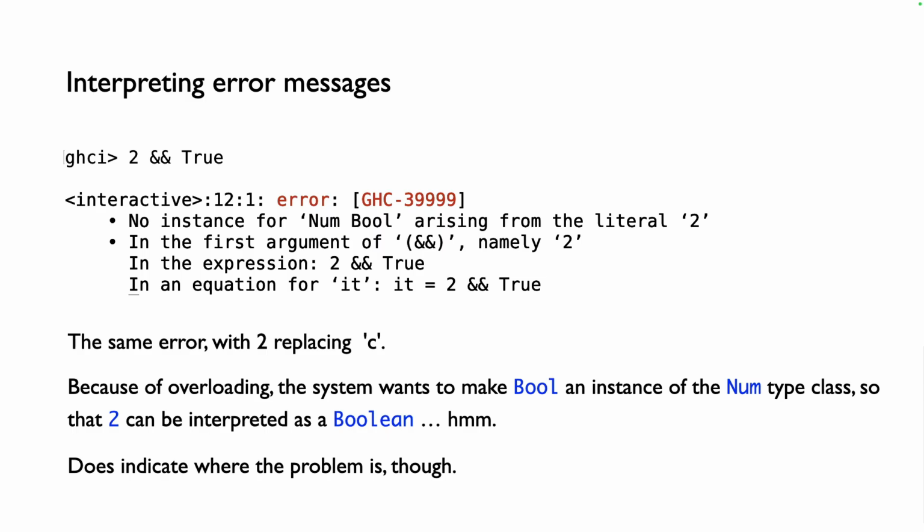So there's clearly a mismatch between numbers and booleans here, and if you look at it in a bit more detail, you can see that we've tried to take a conjunction of a number and the boolean value true. So that's slightly less clear, but anytime you see a message that says no instance for Num some type, it means there's a confusion between numbers and that type, in this case, Boolean. So it does tell us where the problem is.